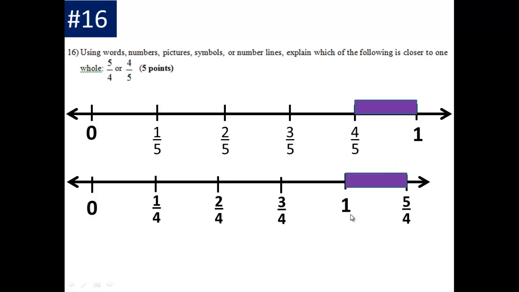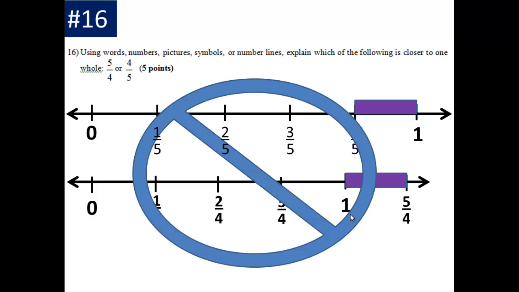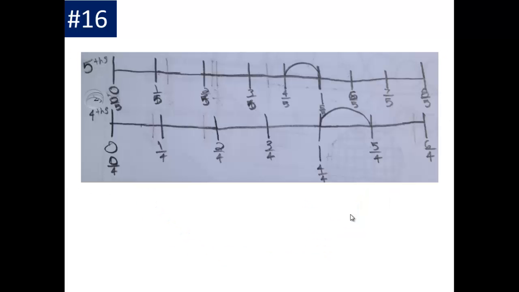I'm going to show you an example that a Kipster showed. I think it was Eric Valerio, who on his test showed, and as I said, you can't do that because it's not lined up. But Eric, this is his paper, and I want to show you what he did, because the most important part is that he lined up the wholes, and then he made perfectly equal size fifths, and he actually went on to 8/5, and then he made perfectly equal sized fourths.